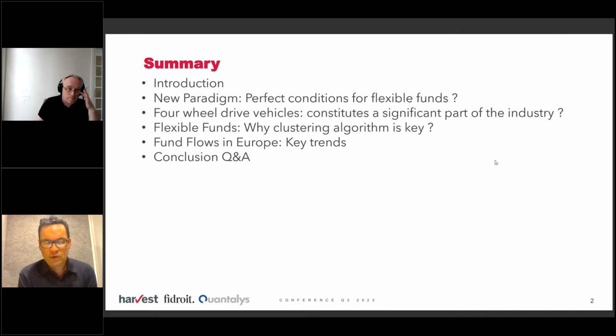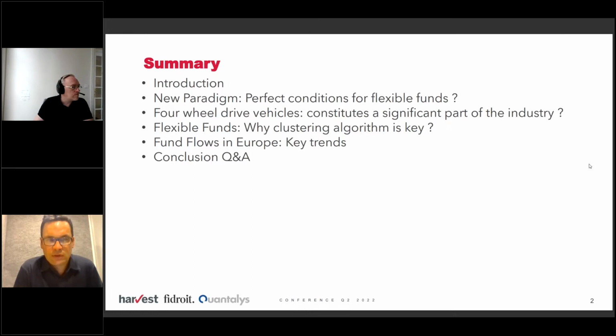Considering the number of flexible funds distributed in Europe, it will be important to analyze this category by clustering. We'll explain how we analyze, via fund profiling and analytics.